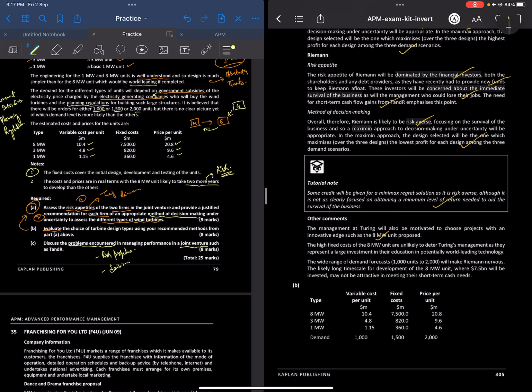The high fixed cost is unlikely to deter Turing management, as it will potentially lead to world leading technology, so there could be a reputational gain as well, as they represent a large investment in their education.